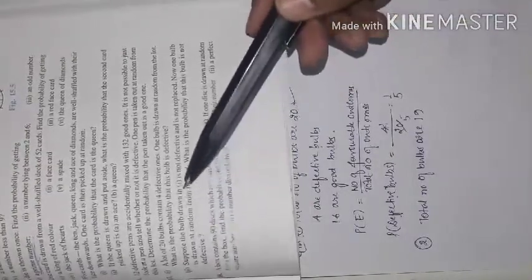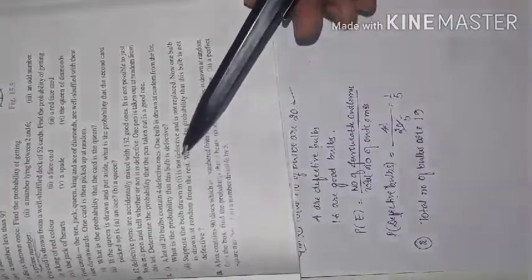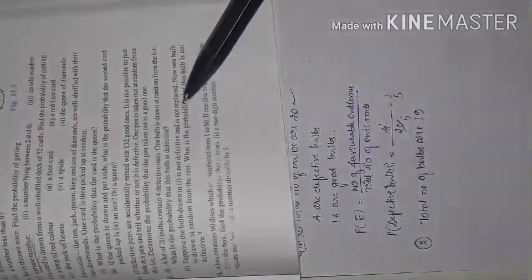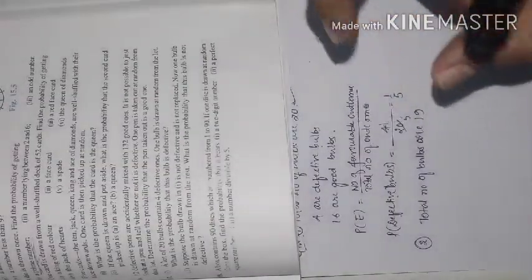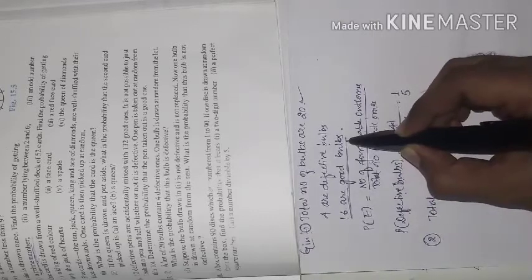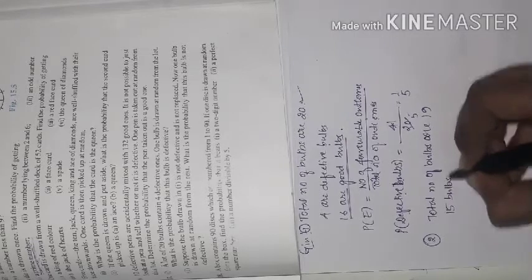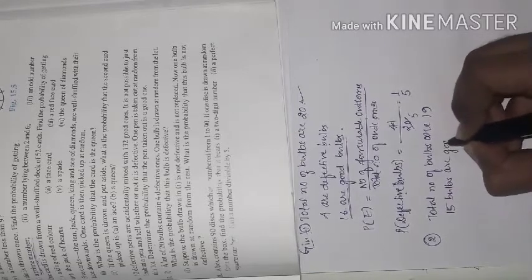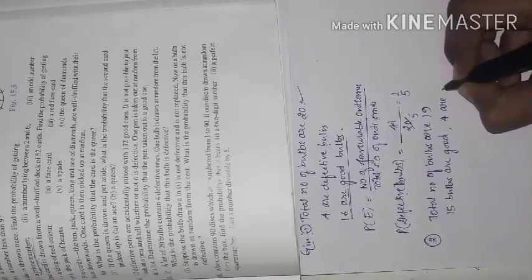Suppose the bulb drawn in the first question is not defective and is not replaced, means whatever bulb was taken in the first question is a good bulb. Good bulbs were how many? 16. Out of 16 bulbs, one is taken out, so how many remain now? 15 bulbs are good now, but the defective are how many? Still 4 defective bulbs.